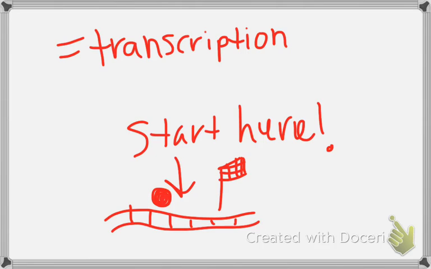If you stop transcription from happening, we say that you turn off the operon, like you turn off the lights with a light switch. Or you can turn on transcription. You can turn on the operon, like you turn on the light switch.